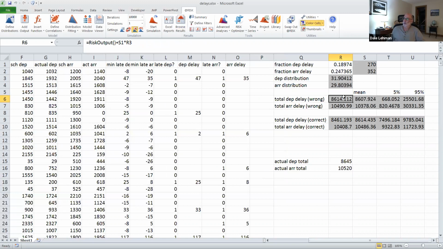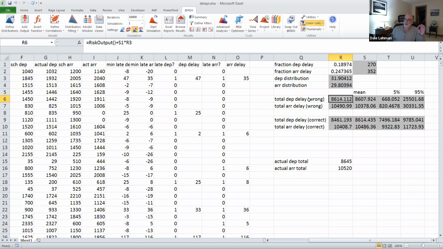If you compare the means first, for departure delays, 8,614 minutes for a month of January. Doing it the correct way is 8,461, not much different. The actual is 8,645, so they're all pretty close. The mean is being estimated correctly whether you do it from the data.